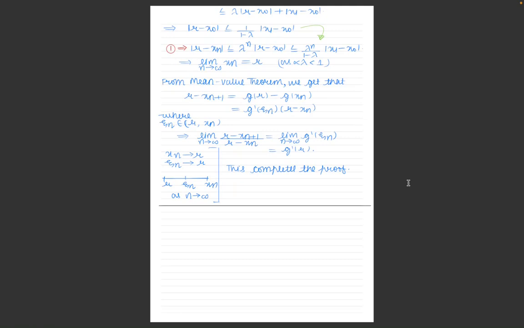So yeah, from 1 it follows that |r - xn| is lambda to the n times |r - x0|, and |r - x0| we have just proved, this part.